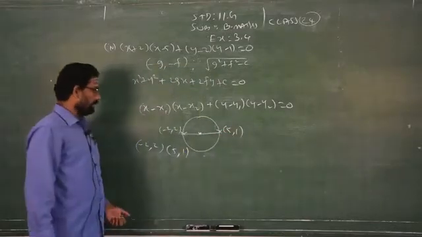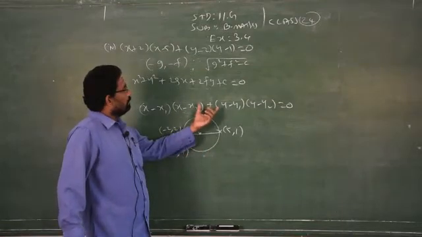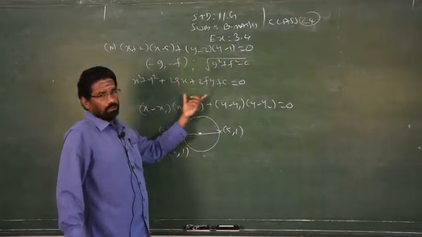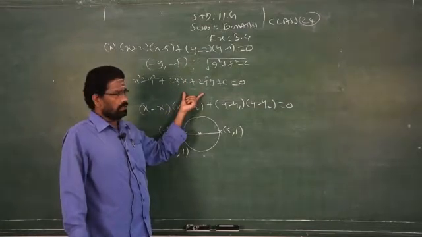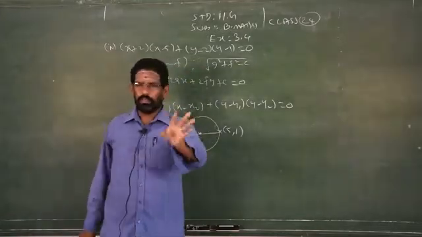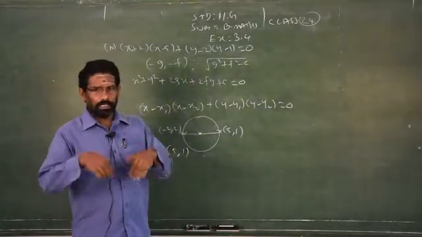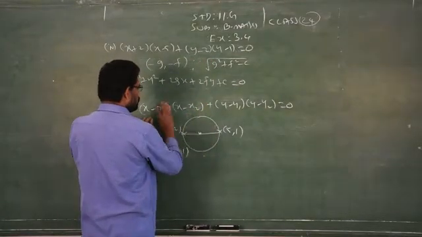So now you know the end points of the diameter. Remember there are two methods: multiply, bring it into the standard form of the equation of the circle, find g and f, and substitute in these two formulas, you will get the required answers. But I am comparing these with this formula.